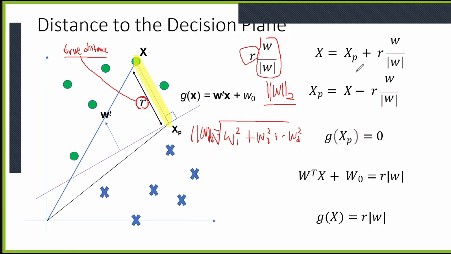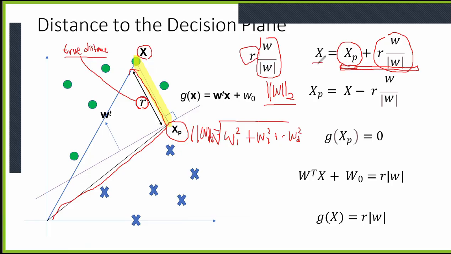So now, since we have the displacement, x dot is basically xp up to x.